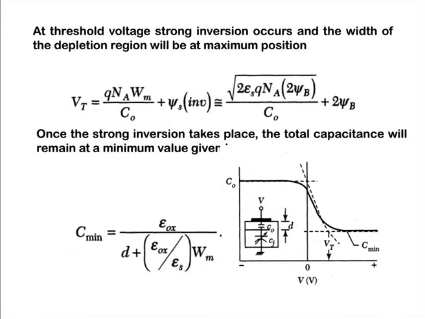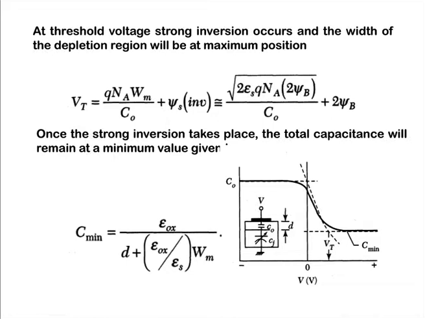Now, if we apply sufficient voltage on the gate, the threshold voltage, we get strong inversion in the semiconductor. So, we can write Vt equal to Q Na Wm upon C0 plus the surface potential psi s inverted, and if we substitute the maximum depletion width, we get the equation: square root of 2 epsilon s Q Na 2 psi b upon C0 plus 2 psi b.